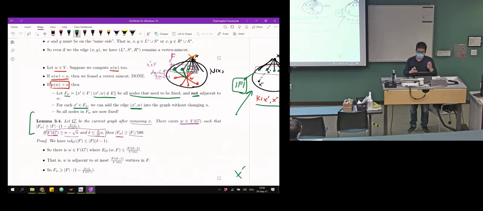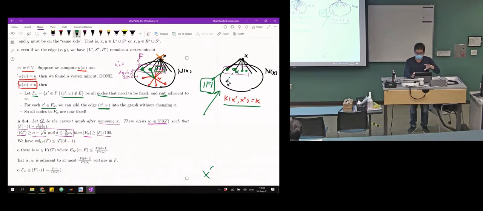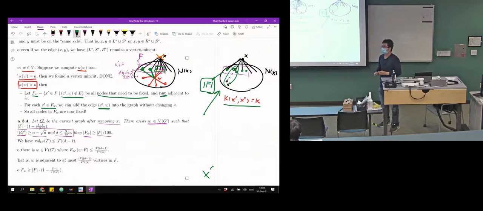So for each x prime, it's really enough to just find one node such that it's safe to add one edge between them. Essentially, any non-neighbor will do, and you just remember the cut size and finally take a min.